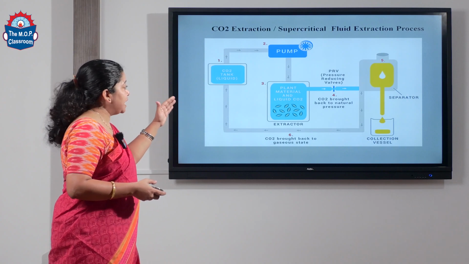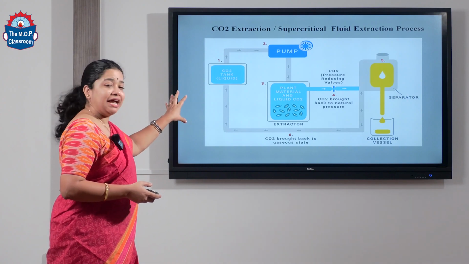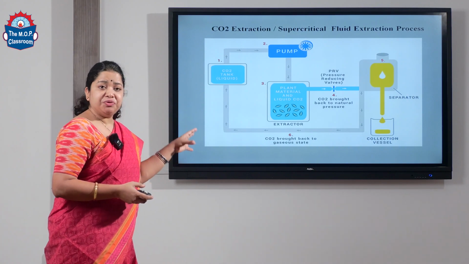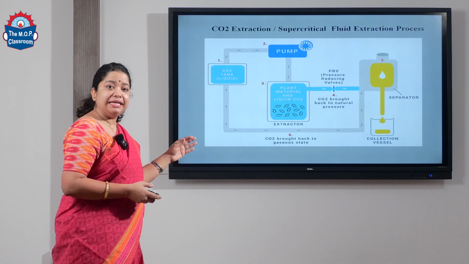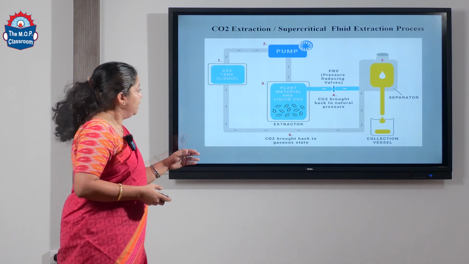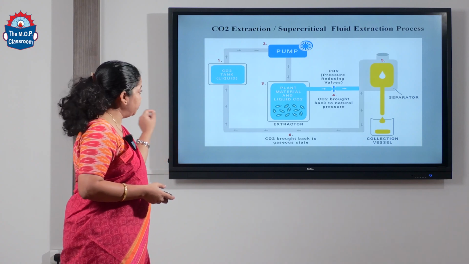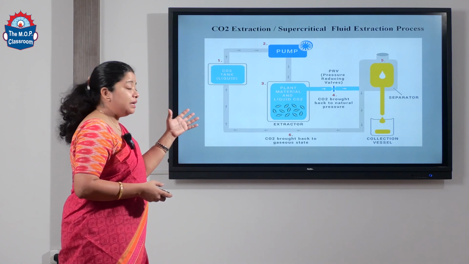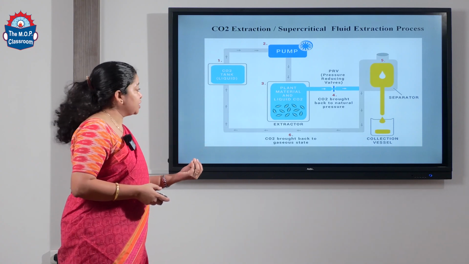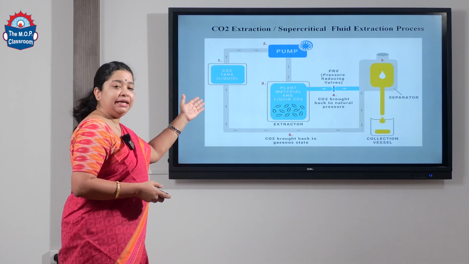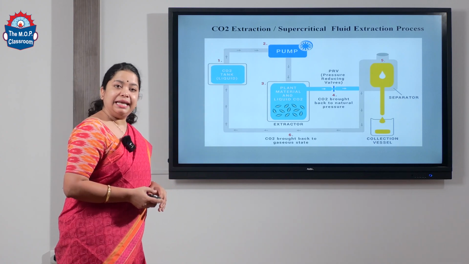The carbon dioxide moves on to a regulatory valve, or reducing valve, which brings it back to normal pressure. The carbon dioxide is released back into the tank, while the essential oils or oleoresins extracted move on to the separator and get collected in the collection vessel.